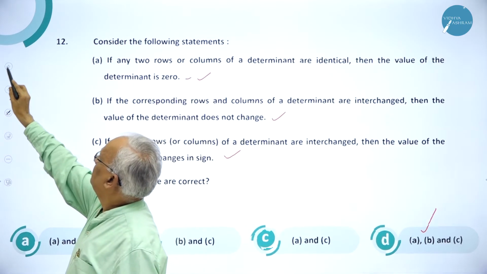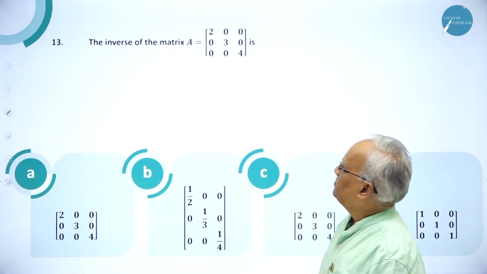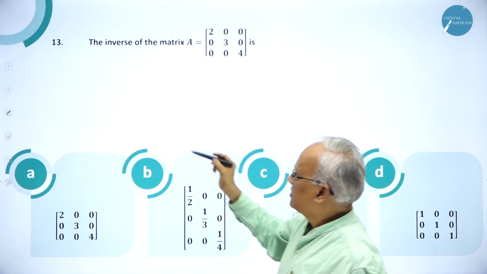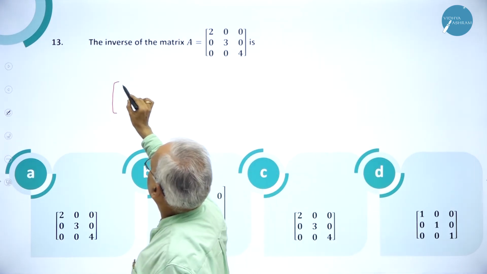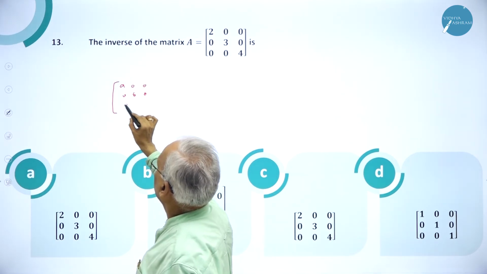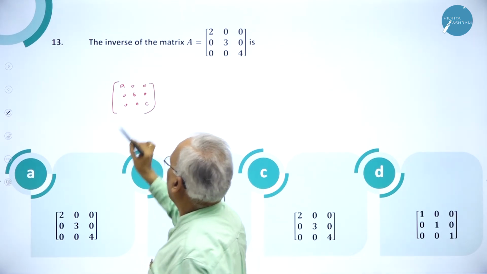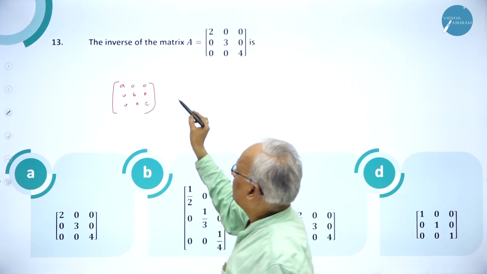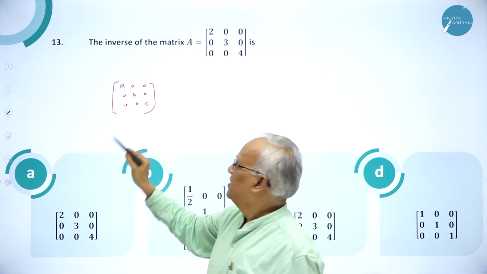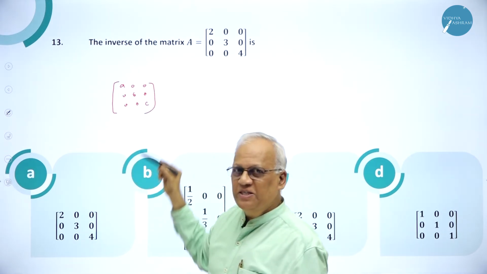The next question, question number 13, the inverse of the matrix. This is a very special matrix. Suppose you have a matrix A 0 0, 0 B 0, 0 0 C. It's called a diagonal matrix. When you have a diagonal matrix, multiplication is very interesting. You just multiply corresponding principal diagonal elements.